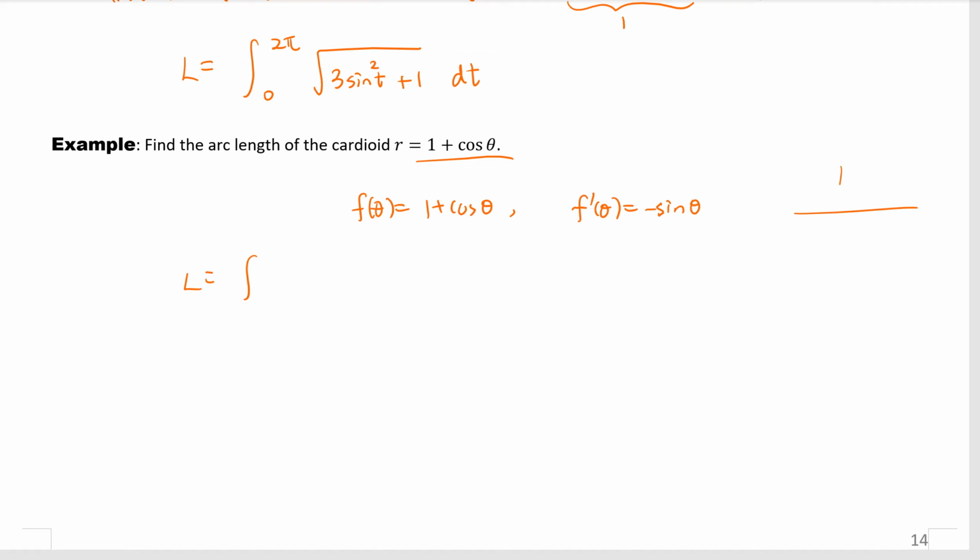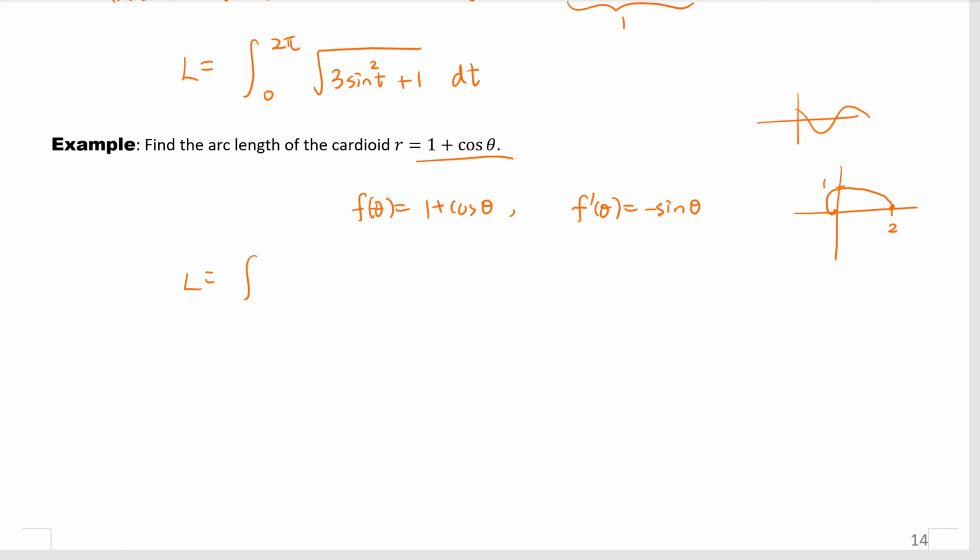Let's draw it. When theta is 0, cosine 0 is 1, 1 plus 1 is 2, which is right here. And then when theta is pi over 2, cosine pi over 2 is 0, we get 1 right here. When theta is pi, cosine pi is minus 1, so we get 0 here.